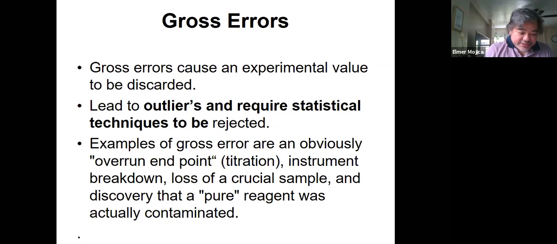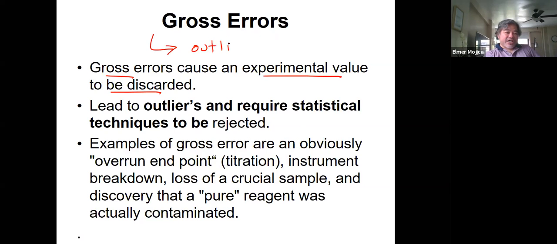So these are undetected mistakes that cause an experiment to be very much further from the mean than any other measured value. If you have a gross error, it can lead to an experimental value that can be discarded. And usually if you get these gross errors, you have the so-called outliers.